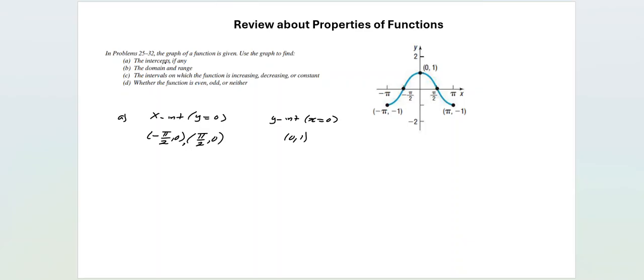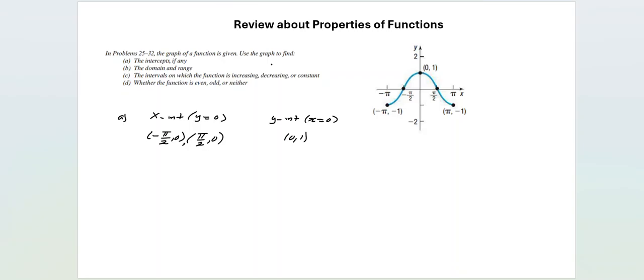So remember that to analyze the domain, you will go from the lowest x value to the highest x value. You will look at the extremes of the graph to make sure you know what kind of symbol you have in the extreme. So if it's a closed circle, that means the point is included. If it's an open circle, that means that point is not included.